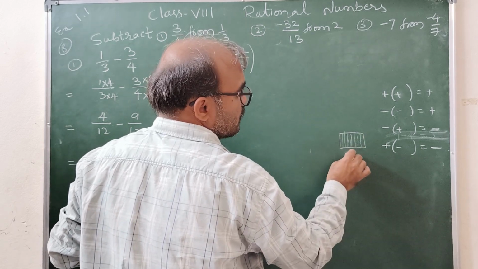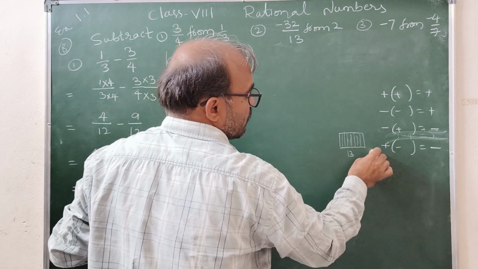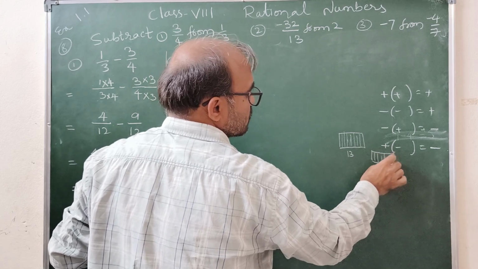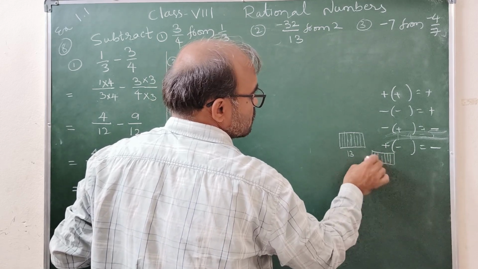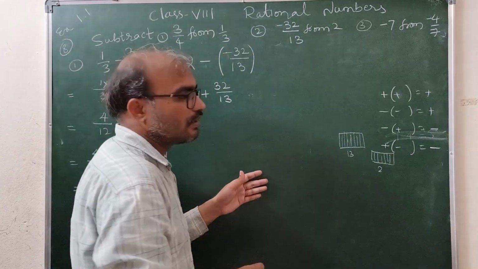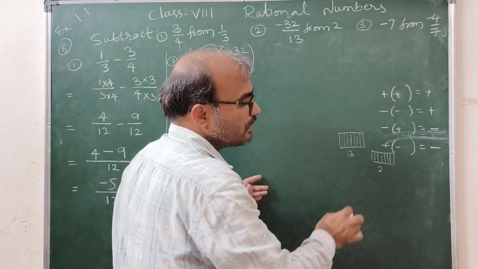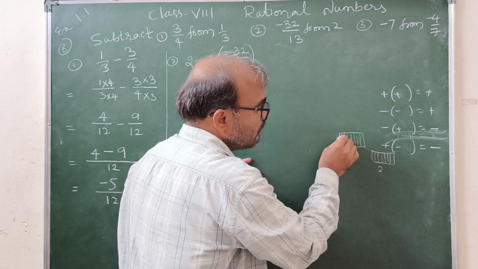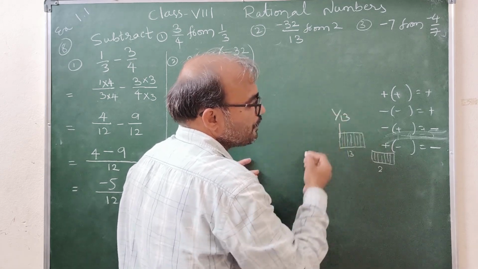Means in one there are 13 equal parts. If you take two wholes, how many such equal parts will be there? So 26. Each part is called 1/13th. If 13 equal parts are made in one whole, each equal part is called 1/13th.